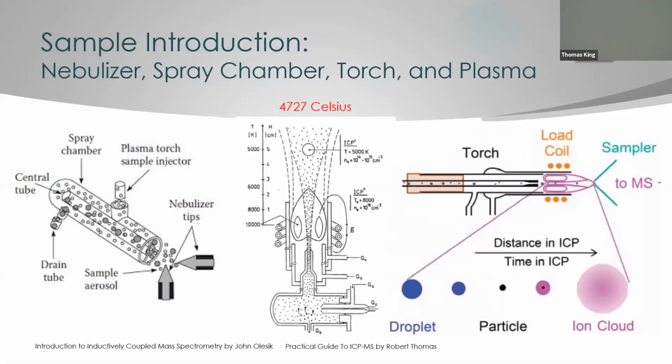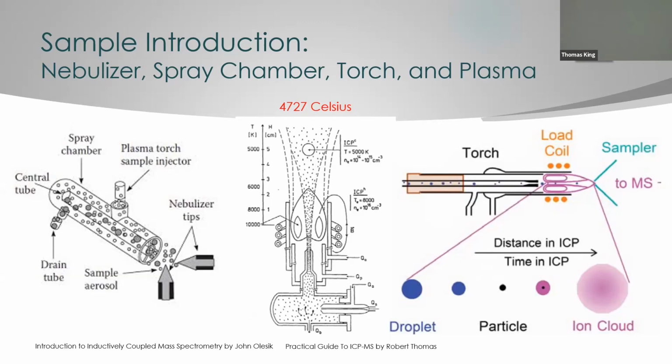Sample introduction consists of a nebulizer, the spray chamber, the torch, and the plasma. The sample goes through the nebulizer tip and is sprayed into a spray chamber. In the spray chamber, large droplets are removed, and only smaller droplets are allowed to pass into the plasma. The plasma consists of highly energetic argon ions.